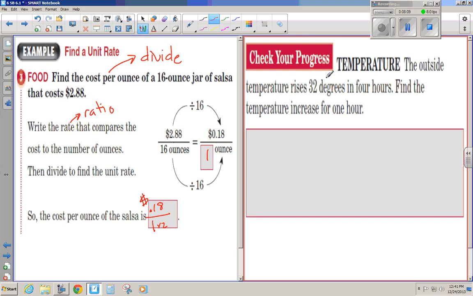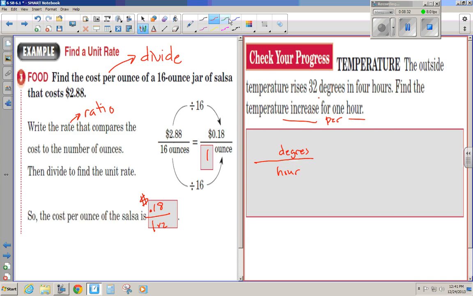All right, let's take a look at this. The temperature rises degrees. We need to find the temperature increase for 1 hour. So increase per hour. So you're going to put degrees per hour.